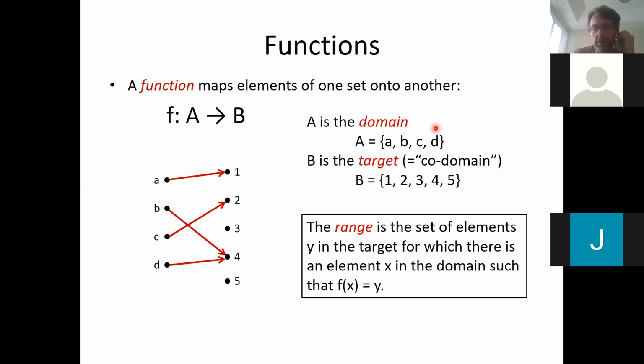Oh, okay. Target and codomain are the same thing. Maybe you mean range. Yes. Range is a subset of the codomain, but it could be identical. It might not be a proper subset. So the function is onto if range is equal to codomain, and the function is not onto if range is a proper subset of the codomain. So there is somebody in the codomain who is not in the range. Then the function is not onto. I got it. Thank you.